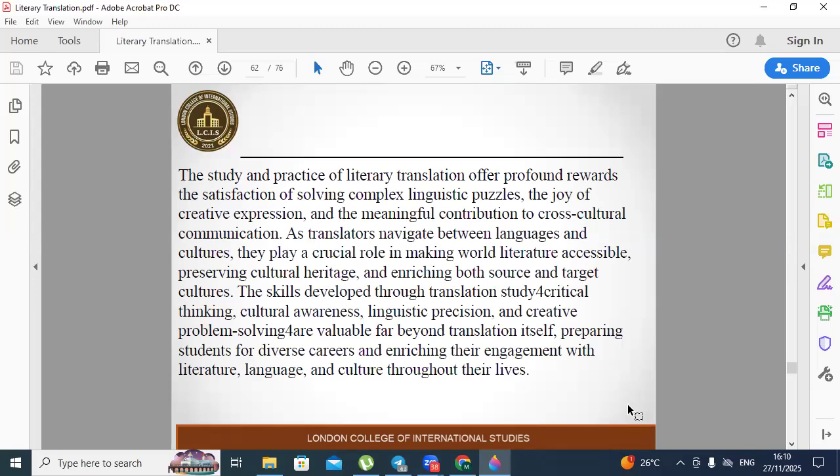So whether or not you become a professional translator, translation education develops the capacities that serve you in countless contexts. It makes you a better reader, a more sophisticated thinker, a more culturally aware person, and a more effective communicator across difference. These are valuable human capacities worth developing.